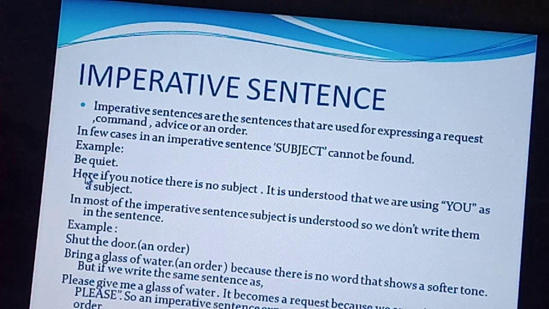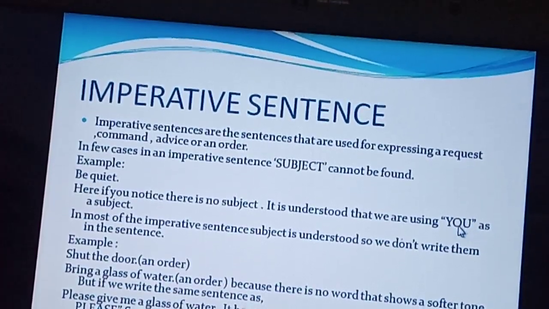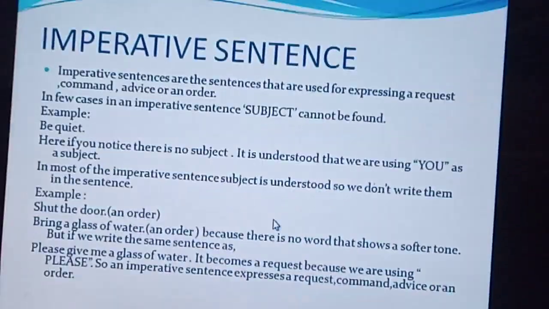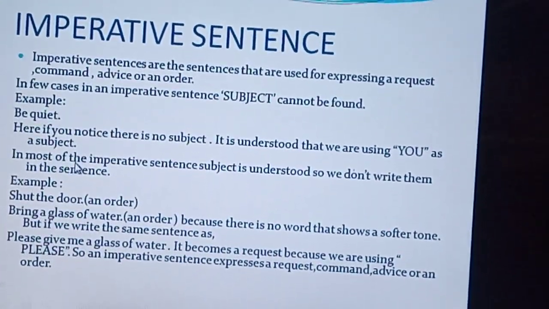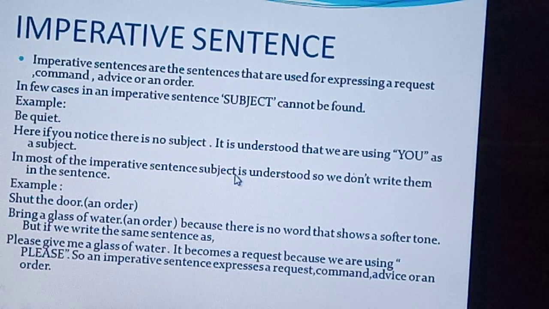Now this is a complete sentence in itself. Now here if you notice there is no subject, it is understood that we are using you as a subject. It is not mentioned in the sentence, but it is assumed that we are using you as a subject. So in most imperative sentences, the subject is understood, so we don't write it in the sentence.